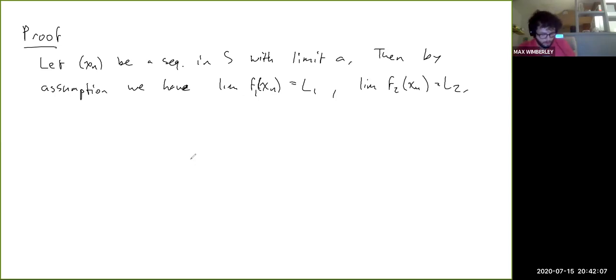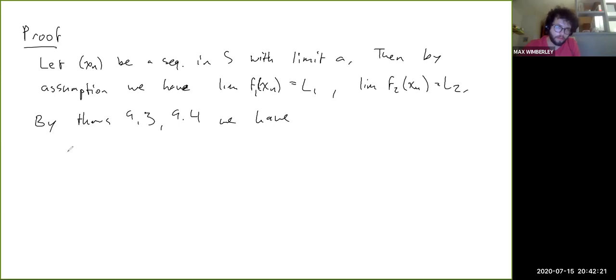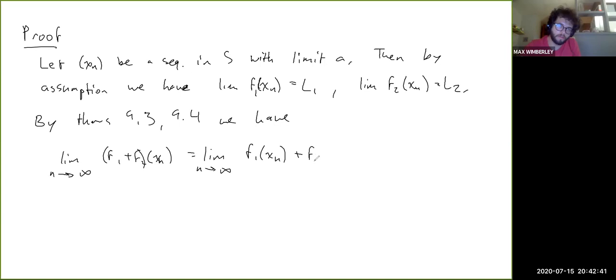Then by theorems 9.3 and 9.4, we have the limit as n approaches infinity of f1 plus f2 of xn equals the limit as n approaches infinity of f1 of xn plus f2 of xn, which equals the sum of the limits.